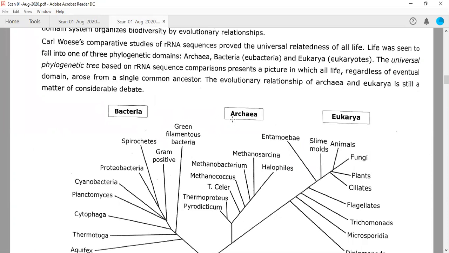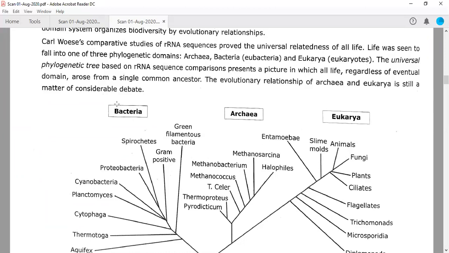So based upon the ribosomal small subunit rRNA, first of all, eukaryotes have two types of ribosomes. One is 70S, which are present in organelles, for example chloroplast and mitochondria.